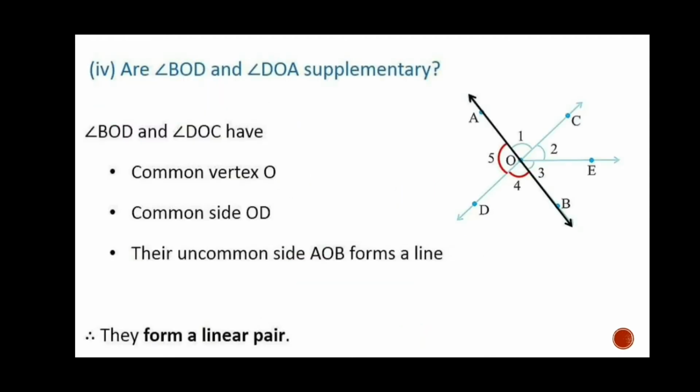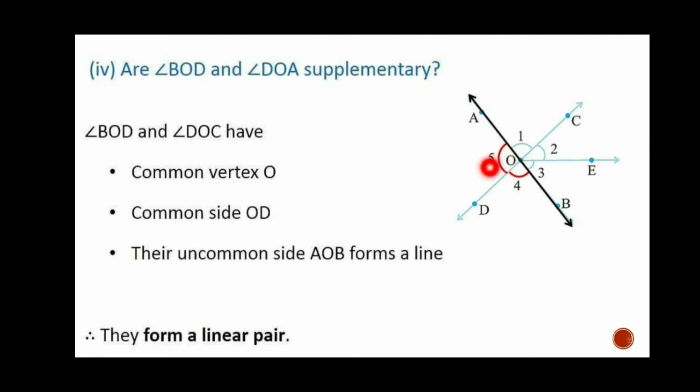So let's see. We can see from this figure that angle BOD, this fourth angle, and angle DOC have a common vertex. The common vertex is O, and they have a common side which is OD, and their uncommon sides, OA and OB, this black line, form a straight line.